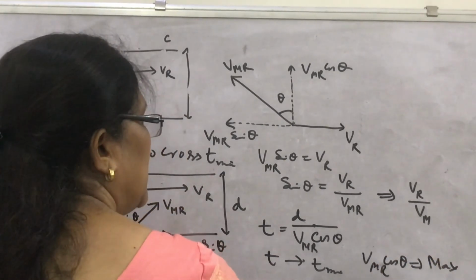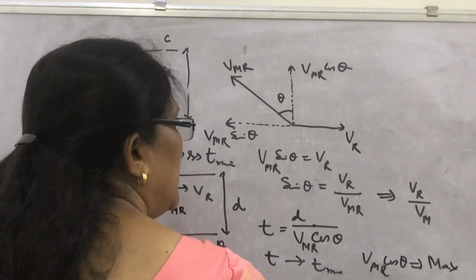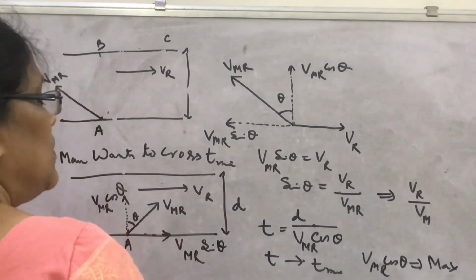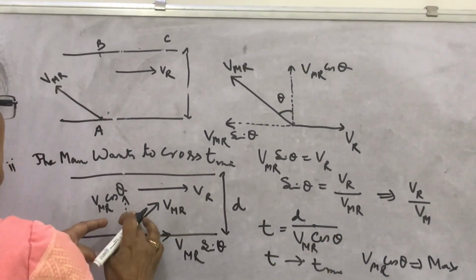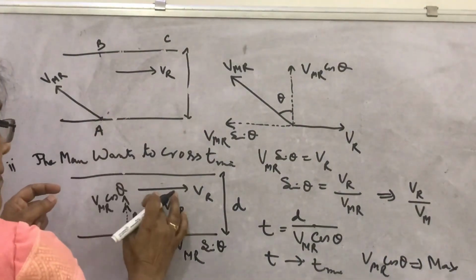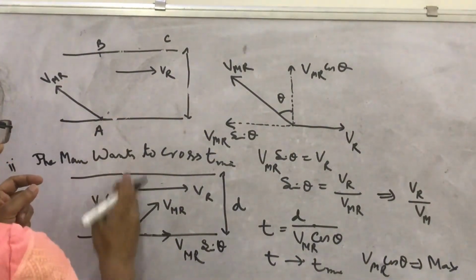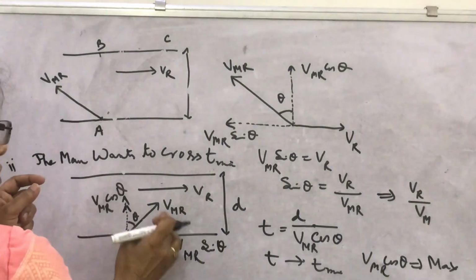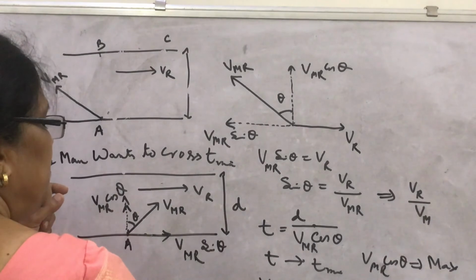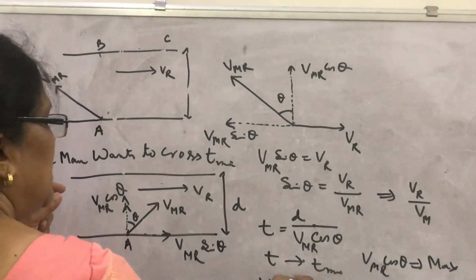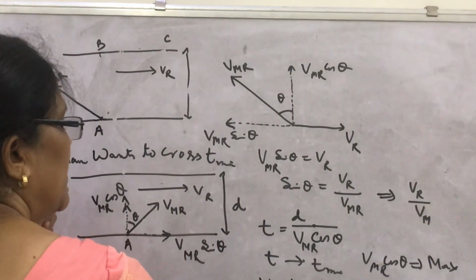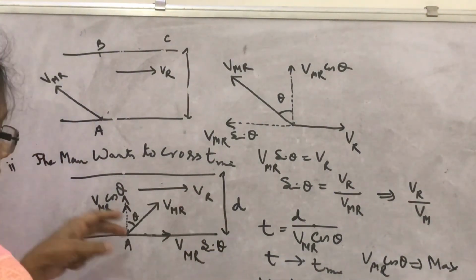Since cos theta maximum is 1, that means theta is 0. Theta 0, that is the man should swim in this direction, that is perpendicular to VR, theta 0 means here. So this should be the speed of man. Therefore, to cross the river in minimum time, the man should swim perpendicular to the river current.